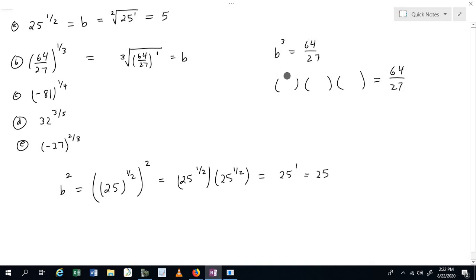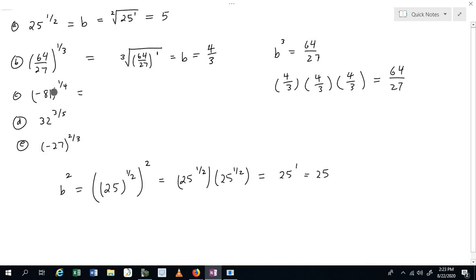And the number that works would be 4/3. And here's why: 4 times 4 times 4 is 64, and 3 times 3 times 3 is 27. So the answer would be 4/3 in this case.